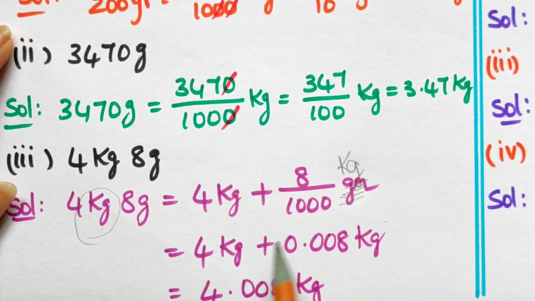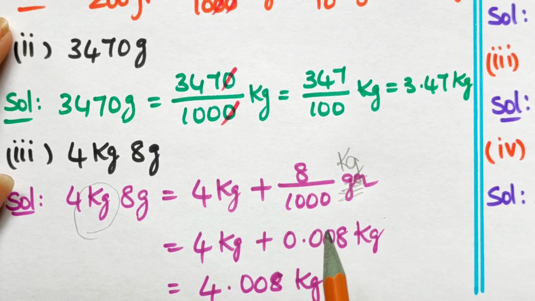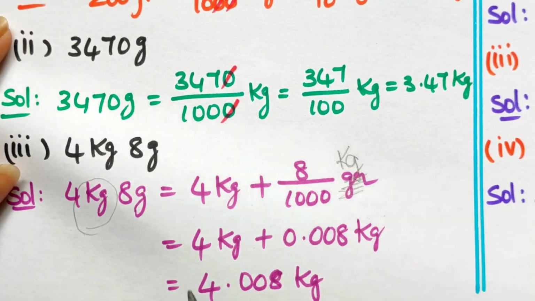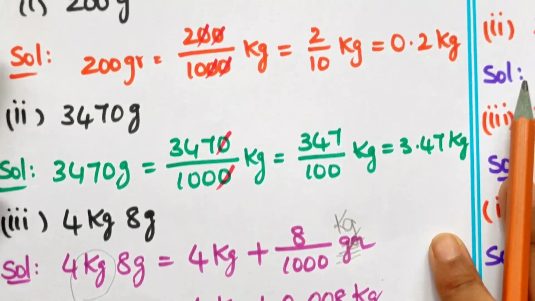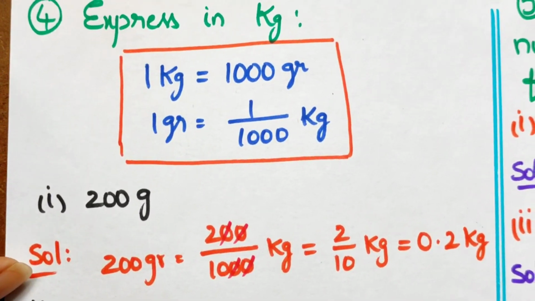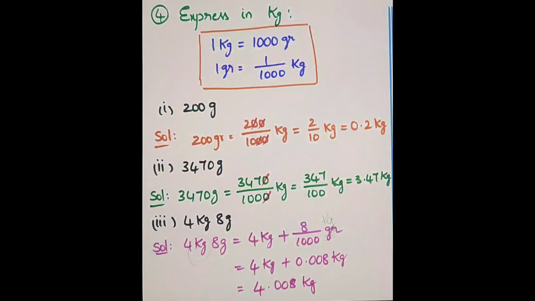By converting into decimal we get 0.008 kg. Now let us add, as the units are same, we can add. Now 4 kg plus 0.008 kg is equal to 4.008 kg. With this third bit and this fourth problem, that is express in kg, both get completed.